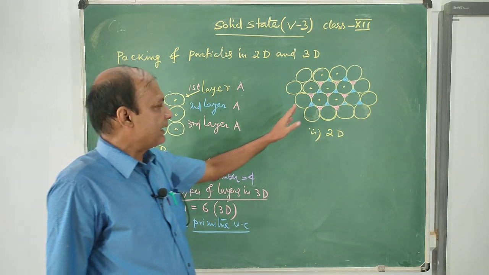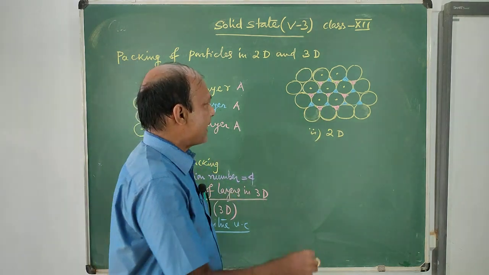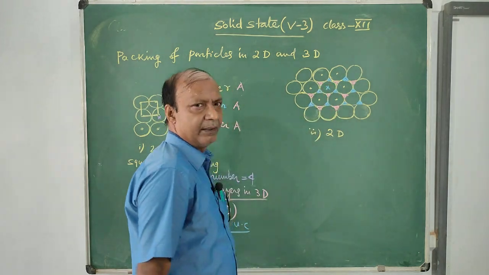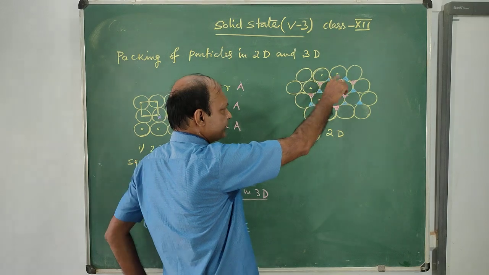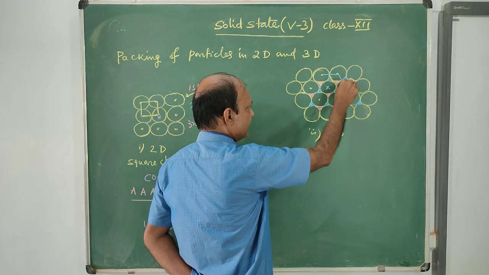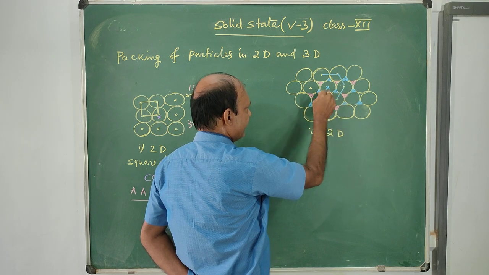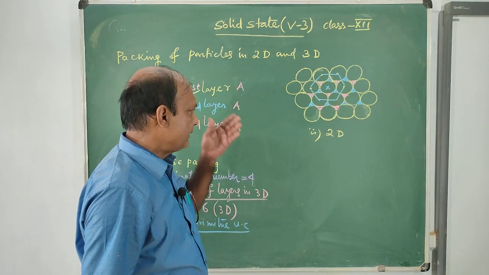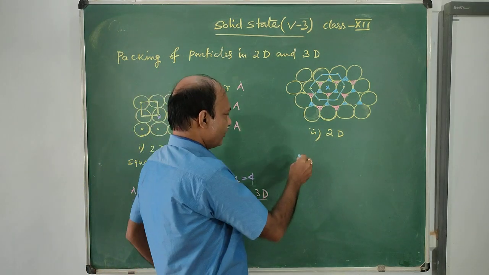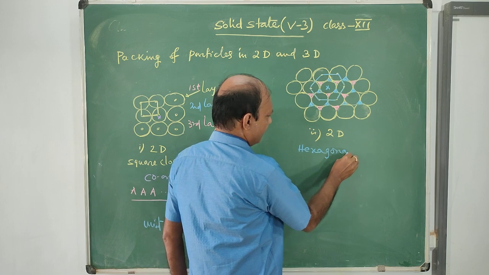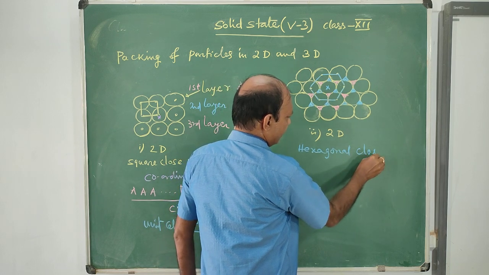Now come to the another type of packing. This packing, if you take any reference sphere here, and if you see the particles around it, if you join the center to center of the particles, you will get a hexagon. That's why this packing is known as hexagonal close packing.